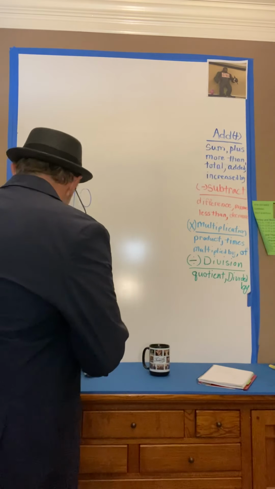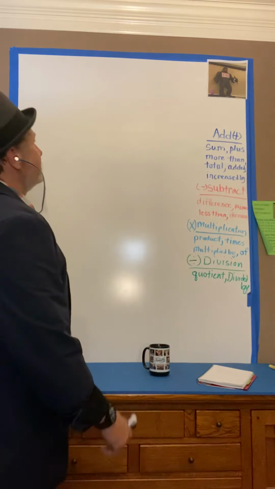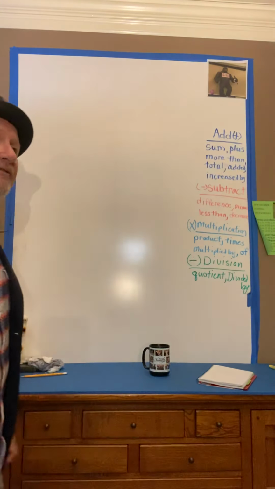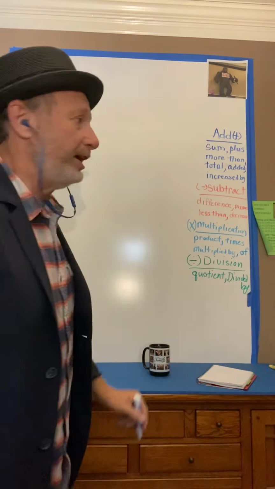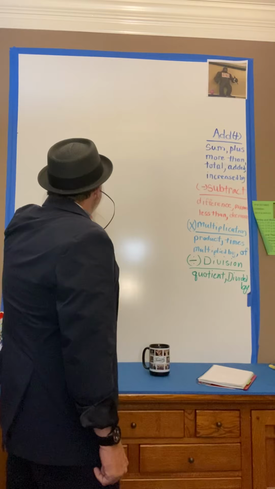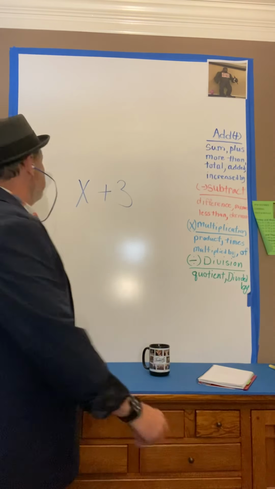Let's talk about something a little simpler. The sum of a number x and 3. The sum of a number x, sum means plus, so that would be x plus 3.